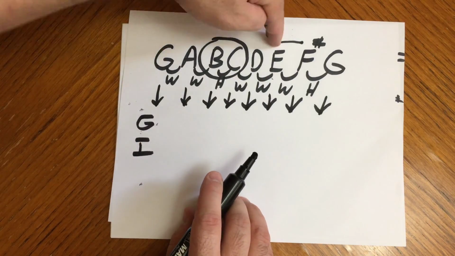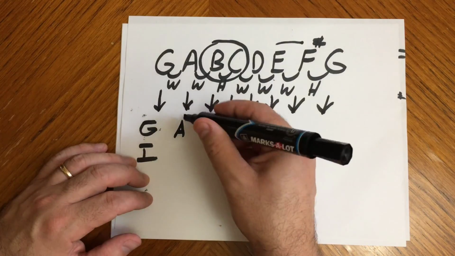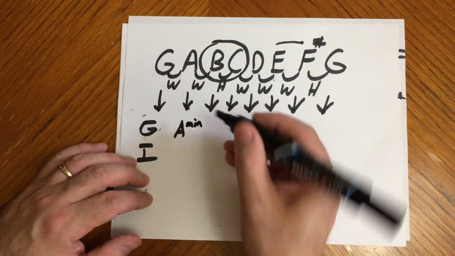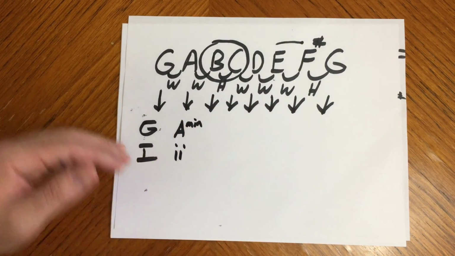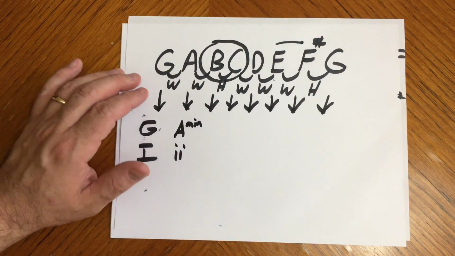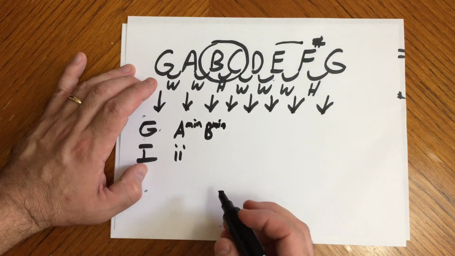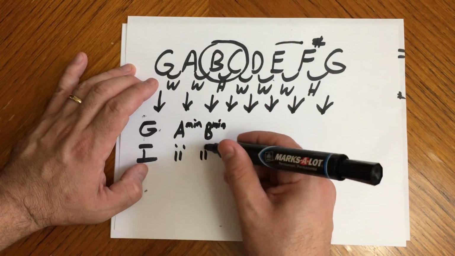A, C, E, it's an A minor chord. B, D, F sharp. Remember, B major has B, D sharp, F sharp, so that's minor.